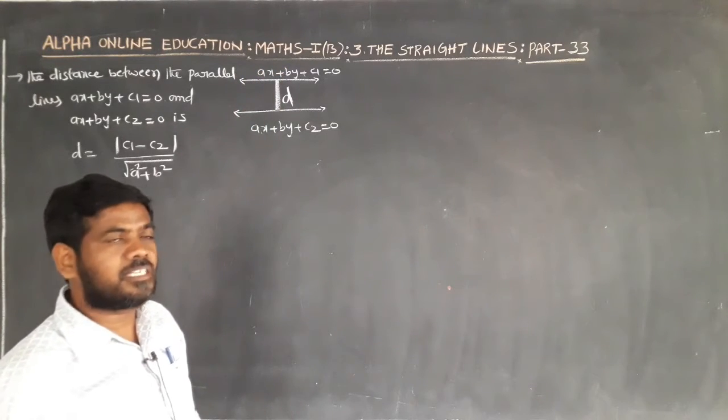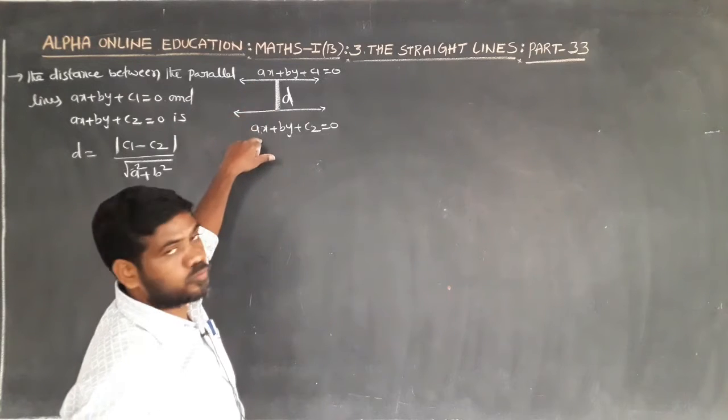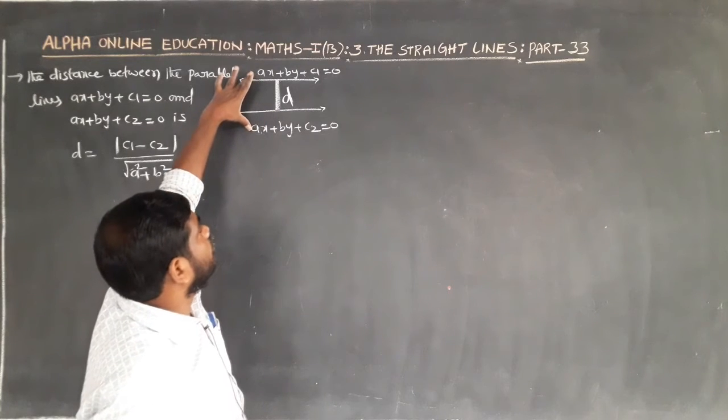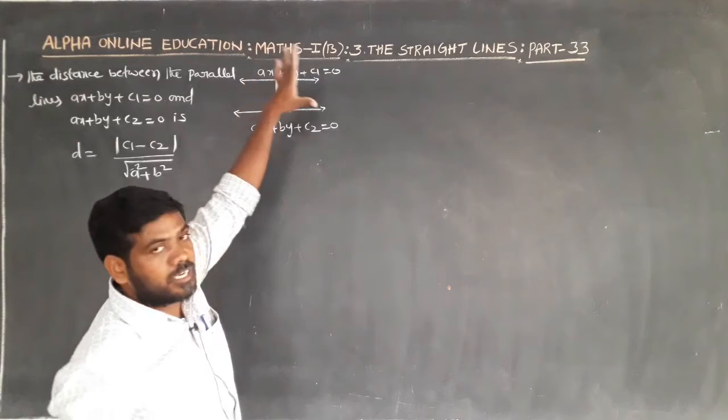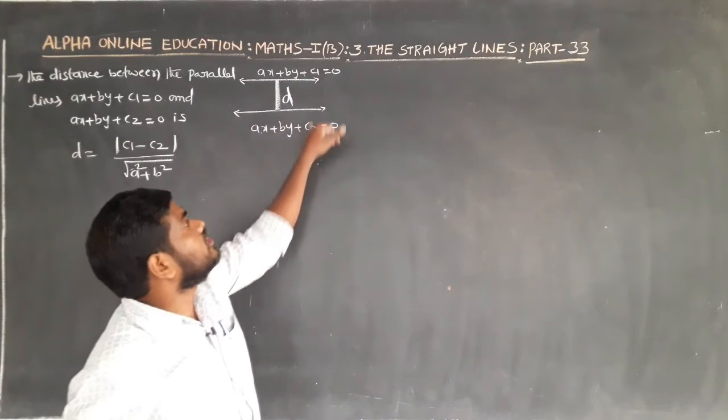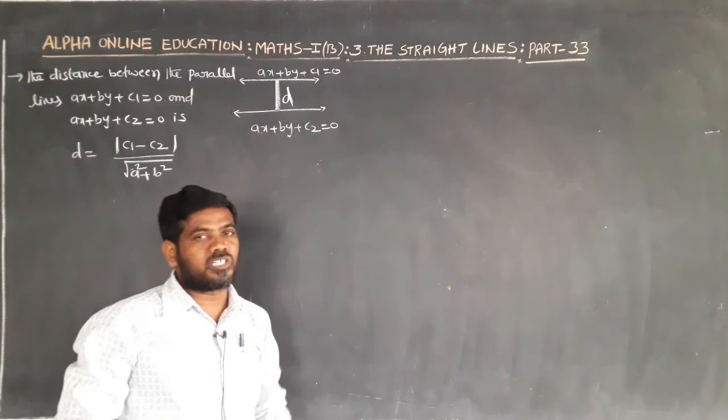If the two lines are parallel, then their slopes are equal, meaning x coefficients equal and y coefficients equal. Only the constants change.